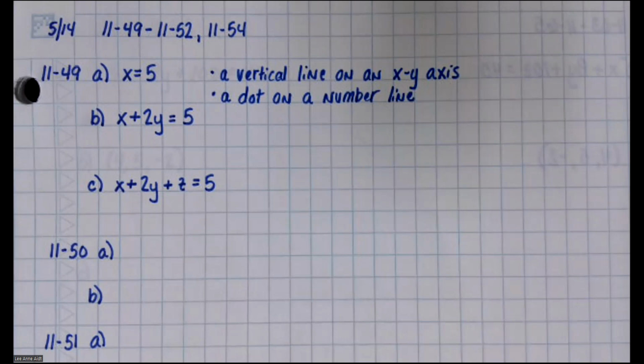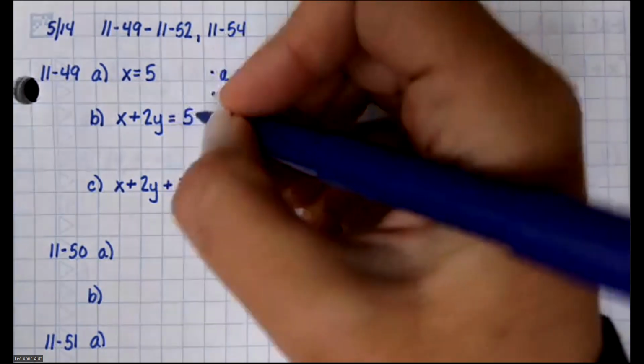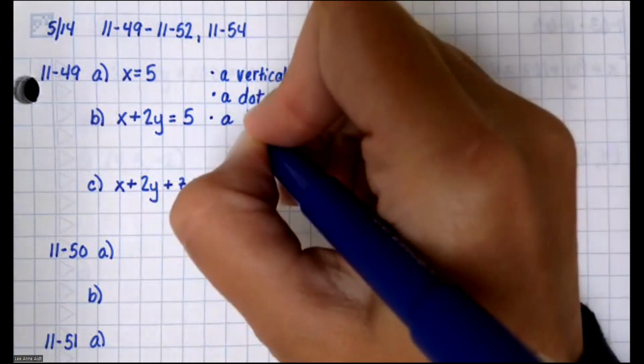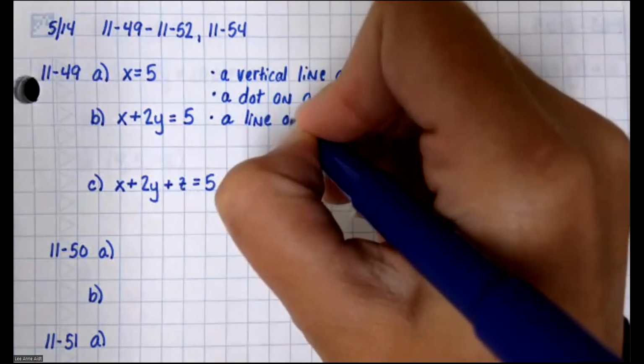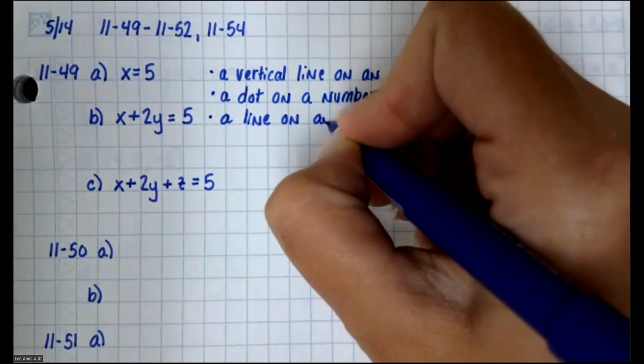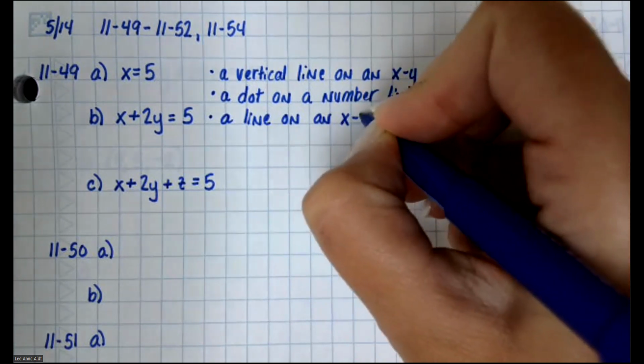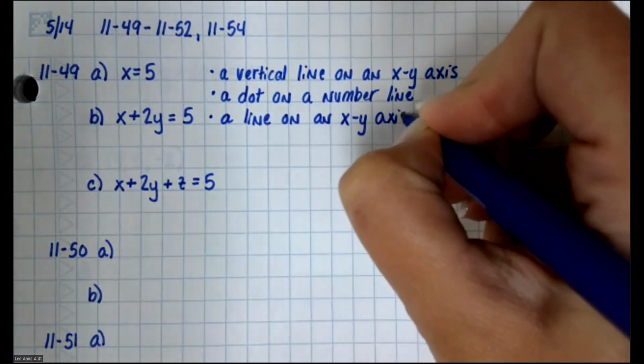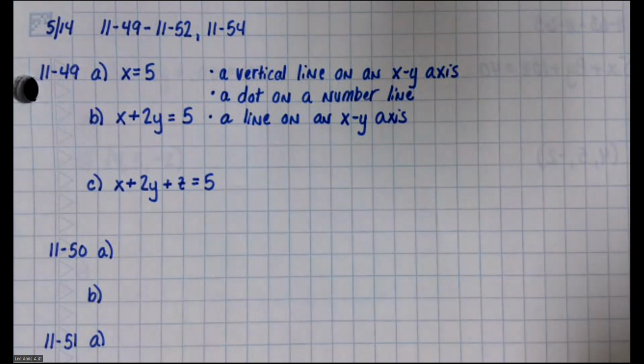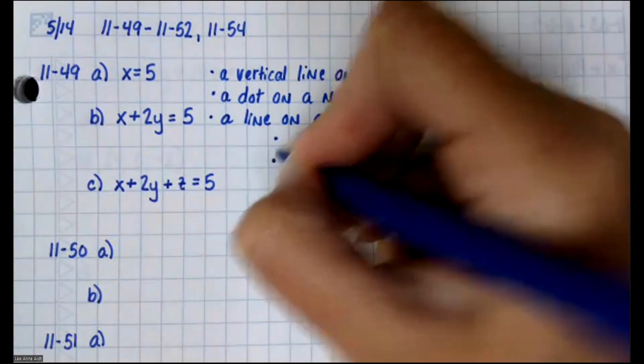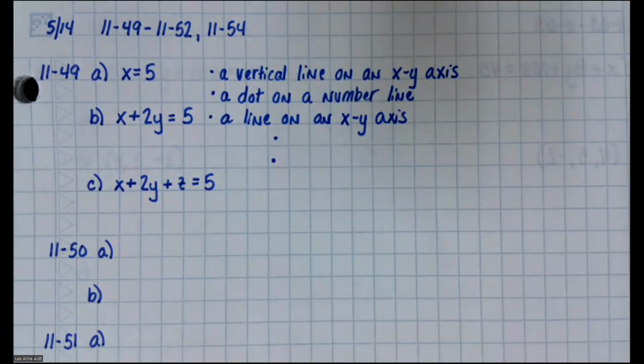How can you represent the solutions to x plus 2y equals 5 graphically? What is this? It's a line. Okay, however, there's 2 ways to graph this line that I want to talk about here.